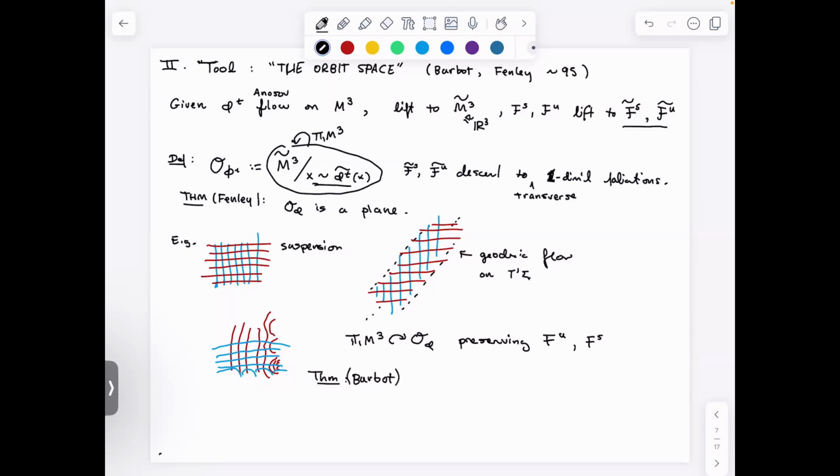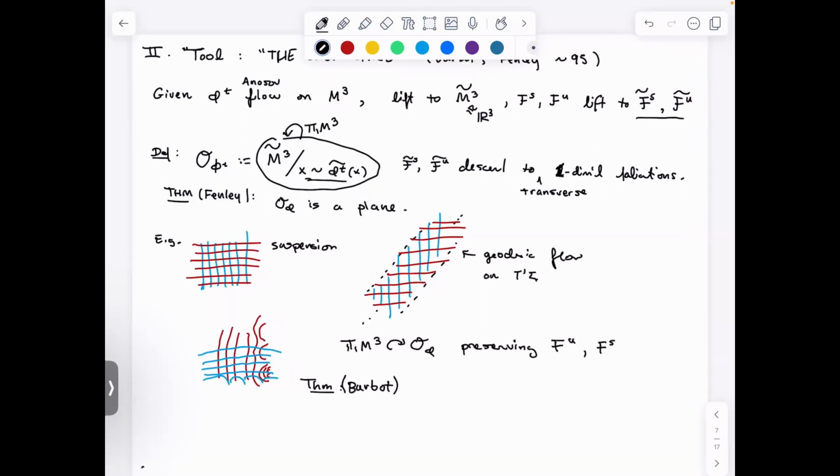Okay. Around 1995-ish also, so let me state this carefully. It says that if these actions look the same, then your flows are orbit equivalent. Well, if and only if. Okay.